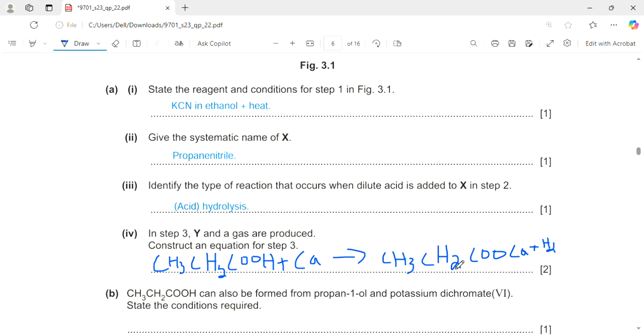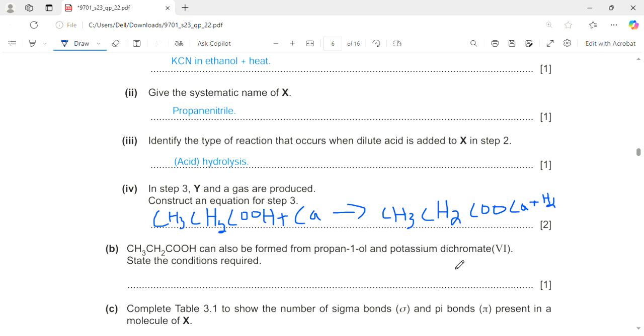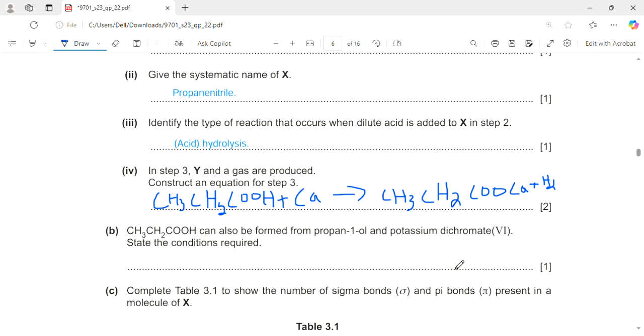This is the product we will get. But please make sure that the equation is balanced.